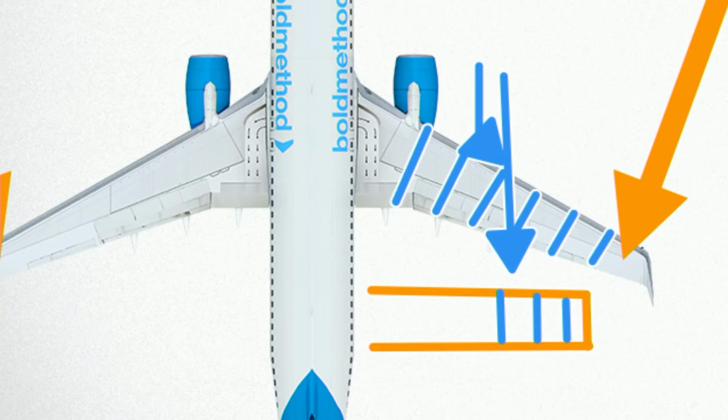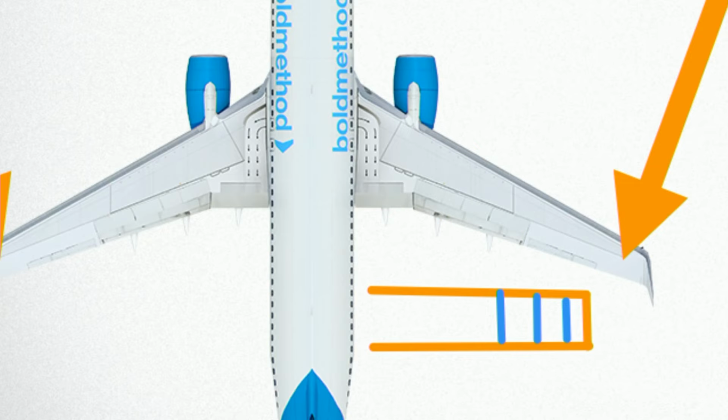So let's go through and take a look at one of those. Here's a chord line here. Here's your relative wind. I'm going to draw that a little smaller. Something like that. Now, essentially what we do is we break the wind into two components.